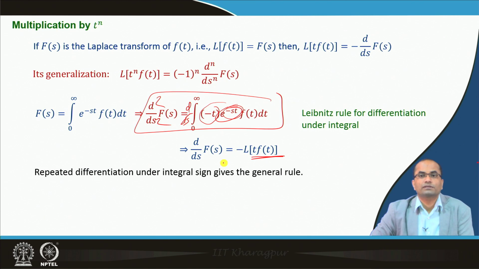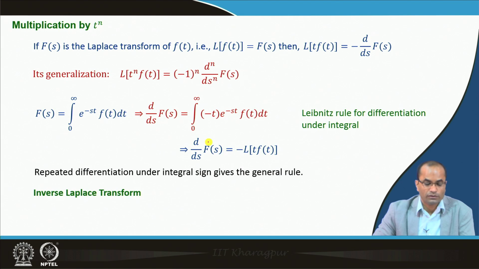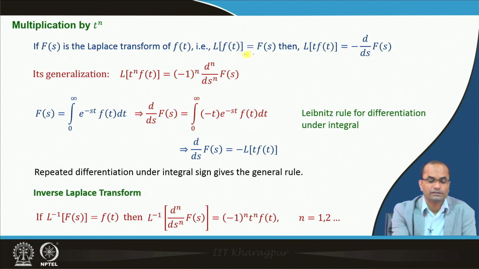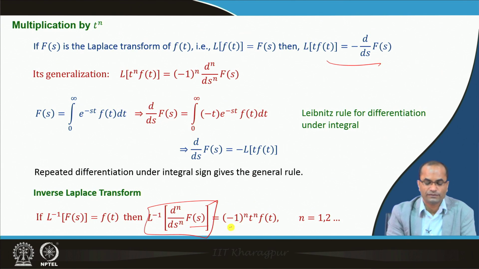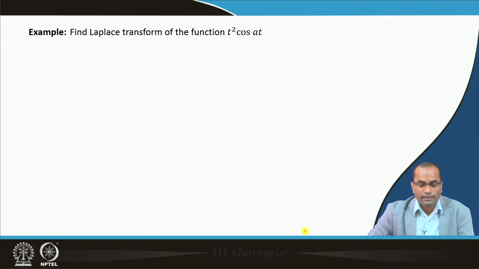So the Laplace transform of t square f(t) will be just d 2 over ds 2 of F(s). We can get all these general rules, and for the inverse Laplace transform it is the other way around: the Laplace inverse of d n over ds n of F(s) is minus 1 power n t power n f(t).